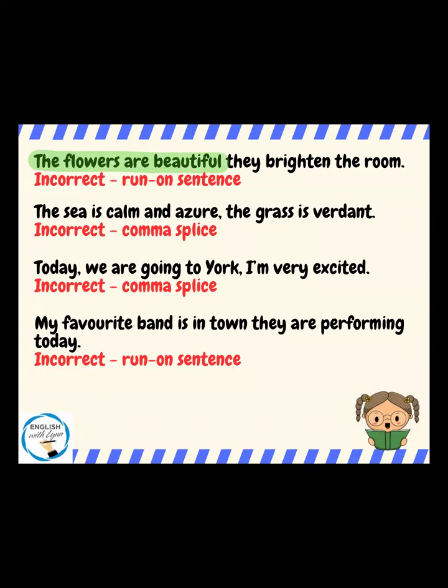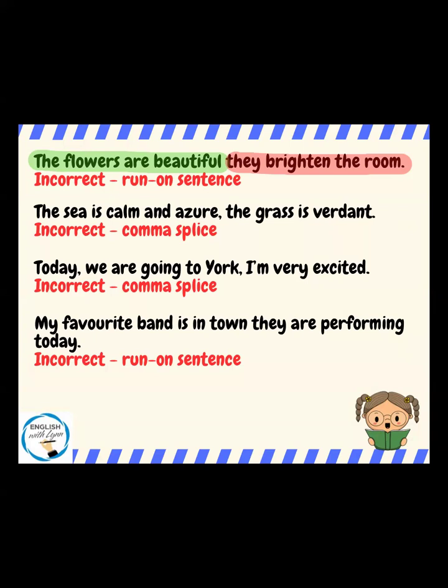Then my second main clause here, "they brighten the room." They is the subject because it is talking about the flowers. Brighten is what they're doing. The room is obviously where they are. Now, this is a run-on sentence because there is no conjunction between them. So you could have an "and" in there.